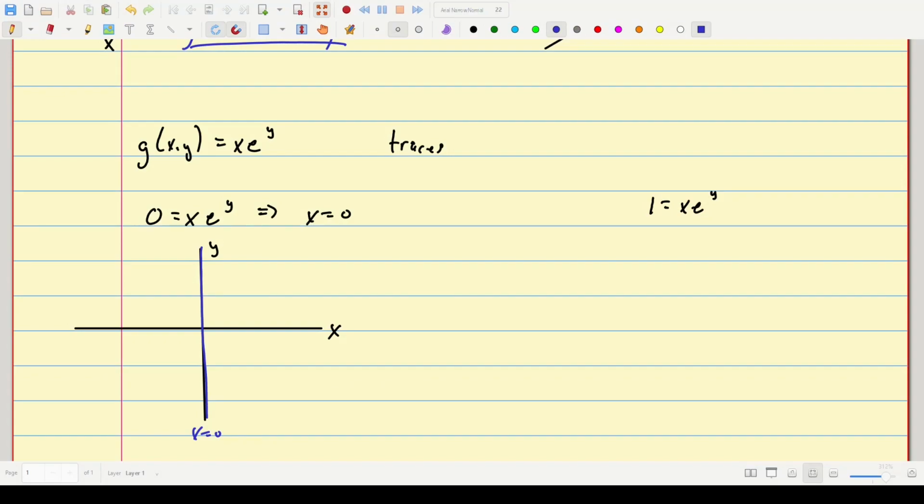Okay, for the next one, we want to rearrange this function here. We would ideally like to get a function of y or something if we can.